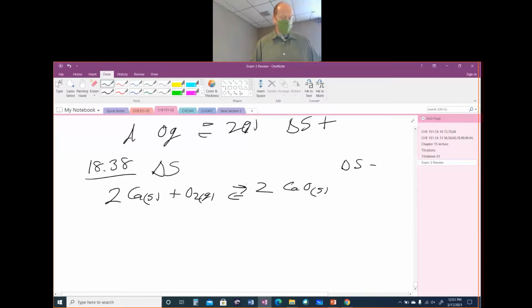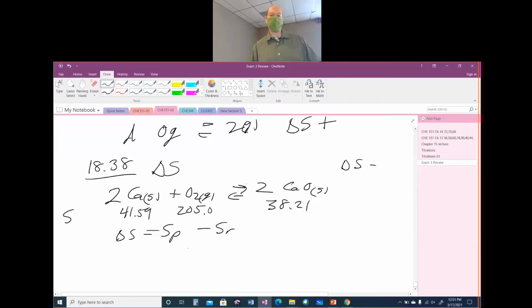And so you look on the chart for your S values. For calcium, 41.59. For oxygen, 205.0, and for calcium oxide, it is 38.21. You get the delta S by taking your S of your products and subtracting your S of reactants.